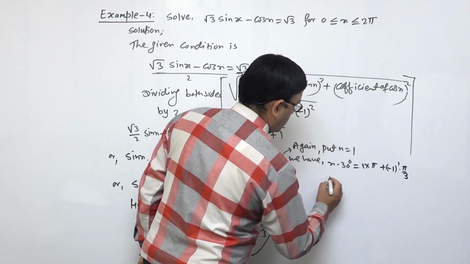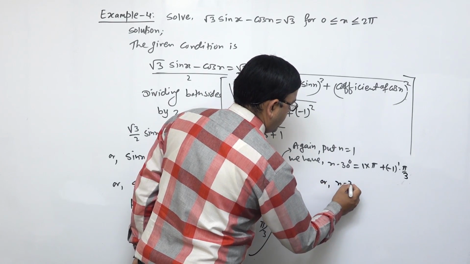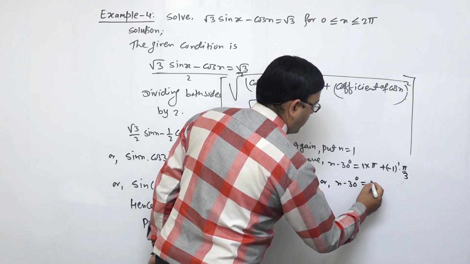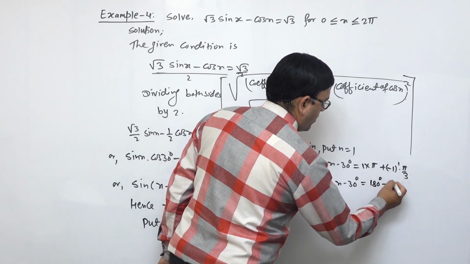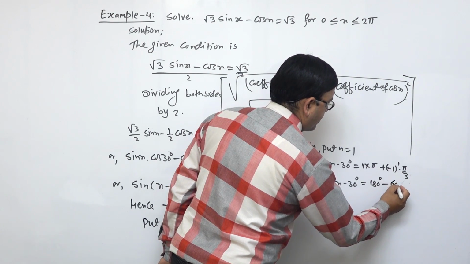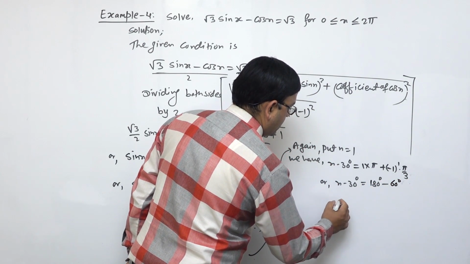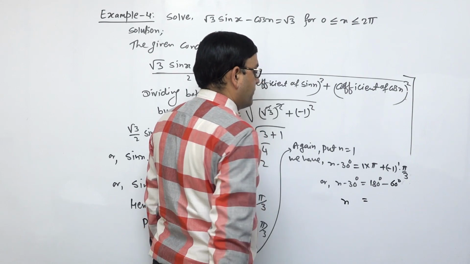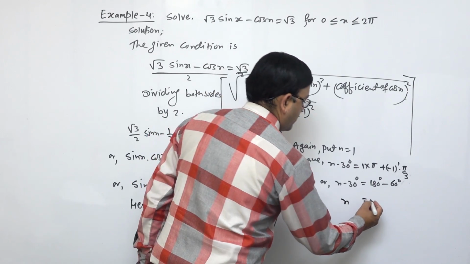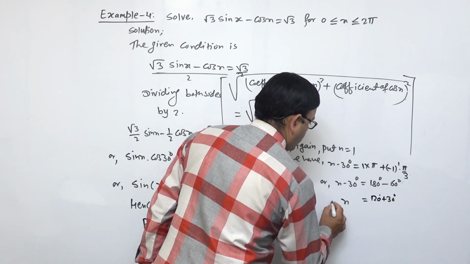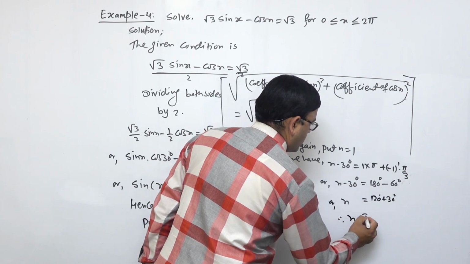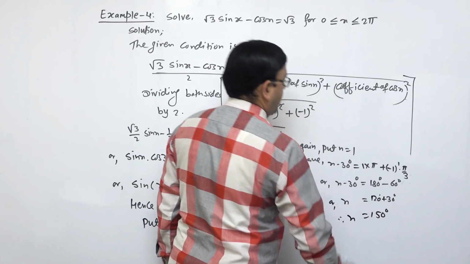Now x minus 30 degree is equal to, pi means 180 degree, minus pi by 3 is 60 degree. So we'll get x is equal to 180 minus 60 is 120 plus 30 degree. Therefore x is equal to 150 degree.